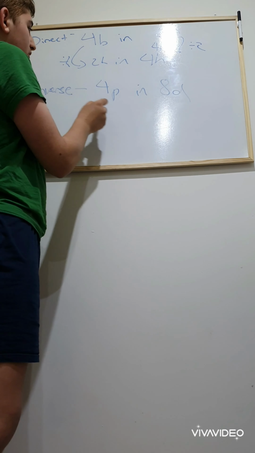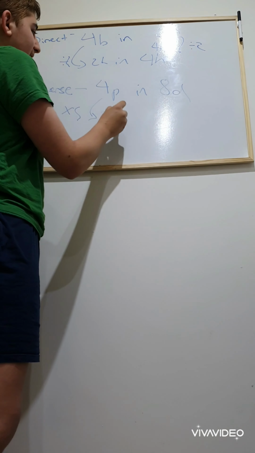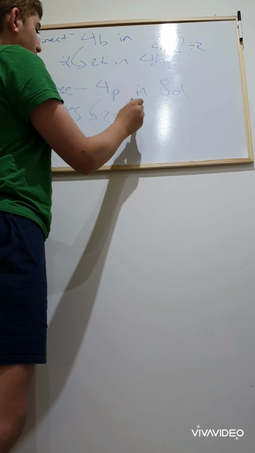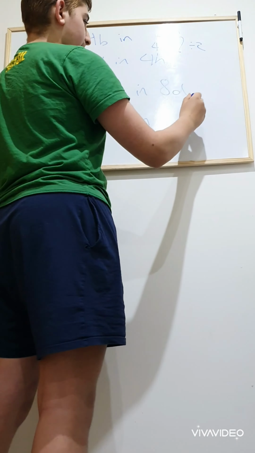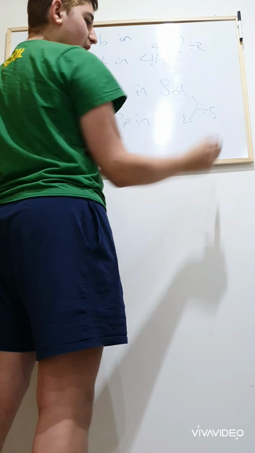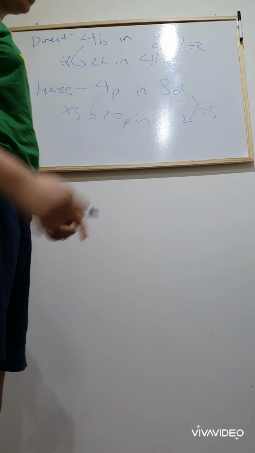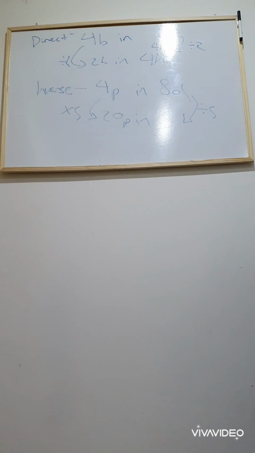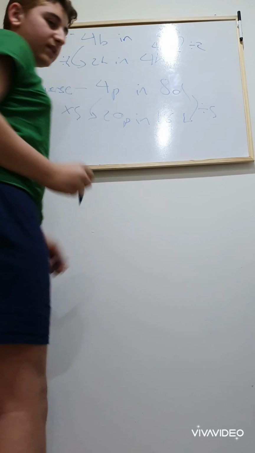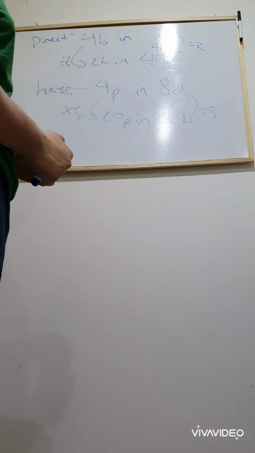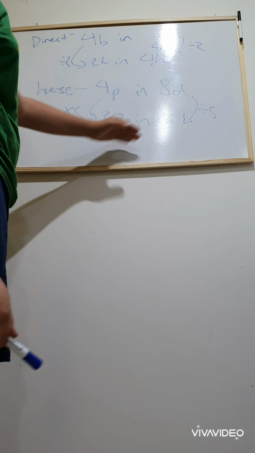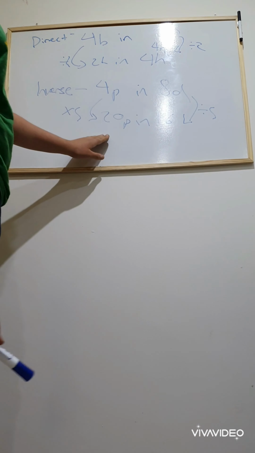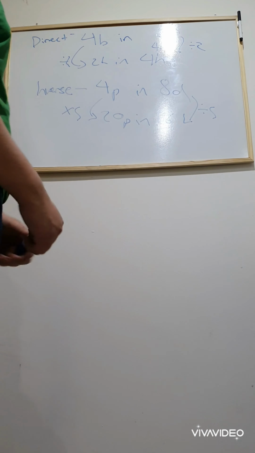So if you said you have times 5, you have 20 people, you divide by 5, it would only take whatever 8 divided by 5 means, which is 1.6 days. Because the more people, the fewer days. With fewer people, it will be more days.